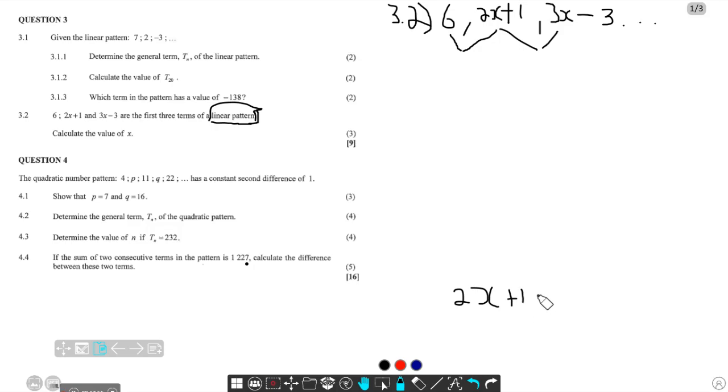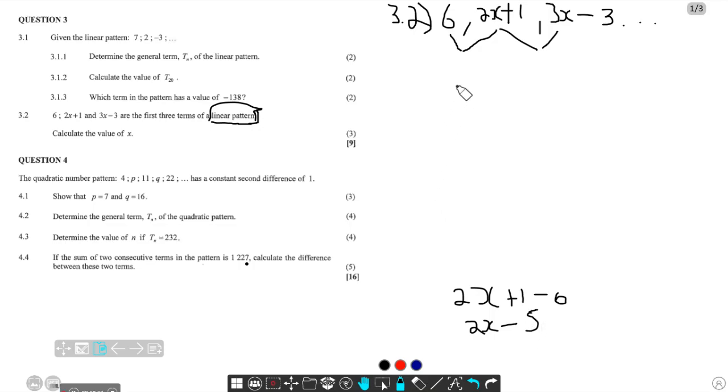And then we're going to have minus 6, right? So we're going to have 2x, then we're going to have, what is 1 minus 6? You're going to get negative 5.